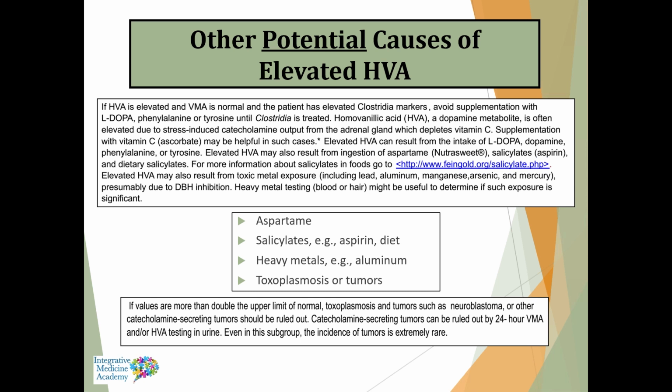As I mentioned, Clostridia can inhibit it. Fusaric acid from Fusarium mold can inhibit it. It may be that there are other mycotoxins that might as well, because of their chemical structure. It just hasn't been proven yet.